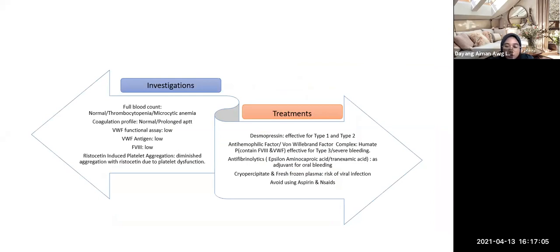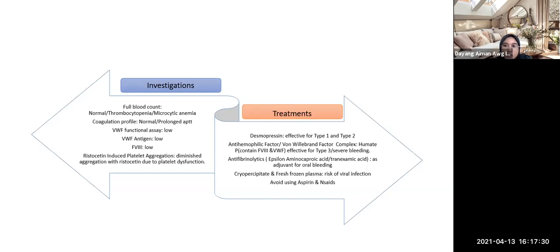That's why we also have deficiency in factor VIII. Another investigation is ristocetin-induced platelet aggregation; if there is no platelet aggregation, it means there is a deficiency in von Willebrand factor.